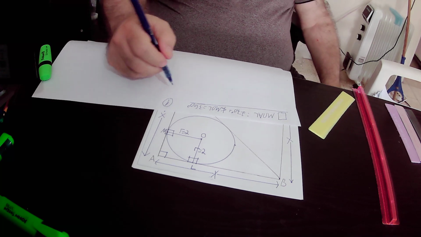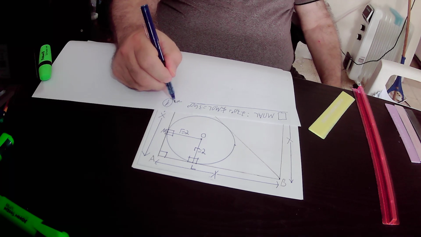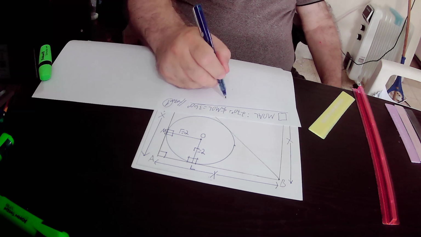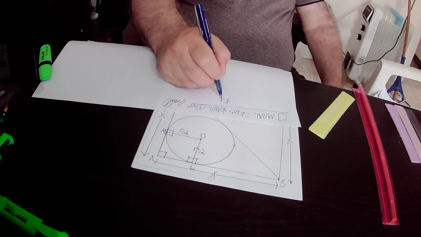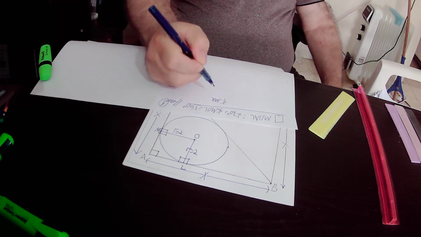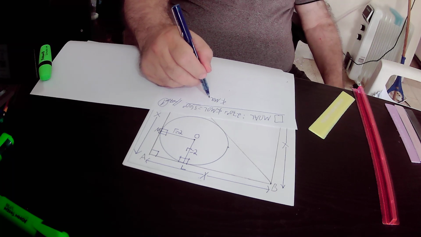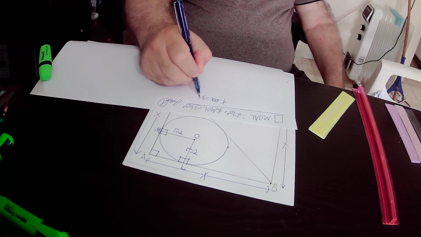So here we subtract 270 degrees from this equation, and we get that the missing angle MOL is equal to 360 degrees minus 270 degrees, it is equal to 90 degrees.